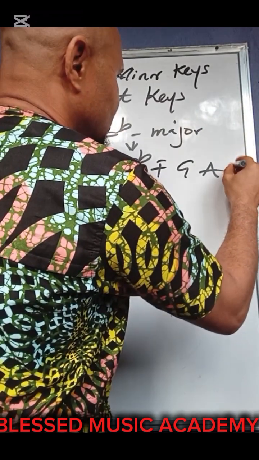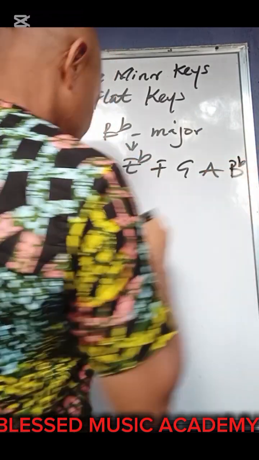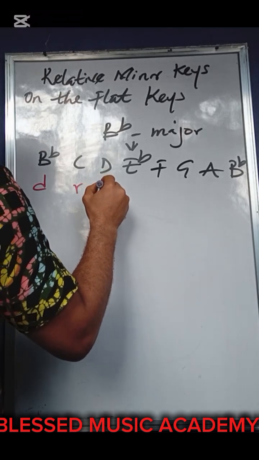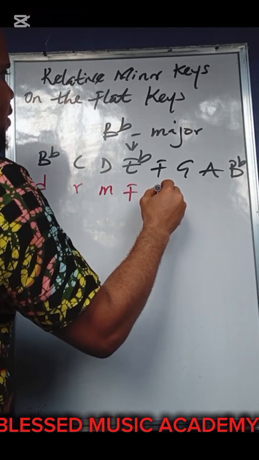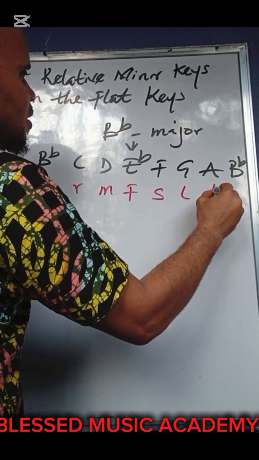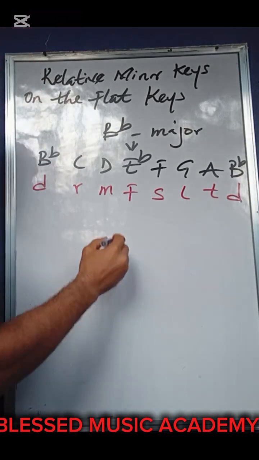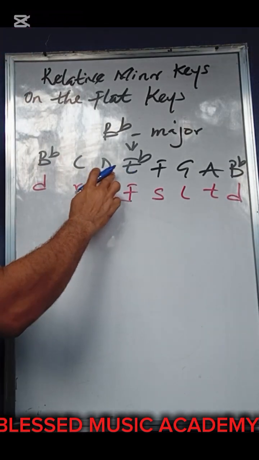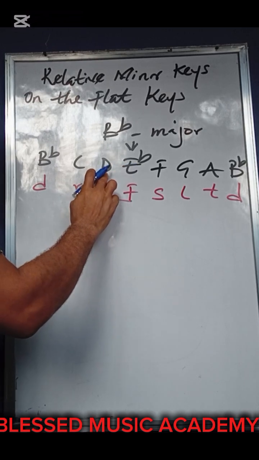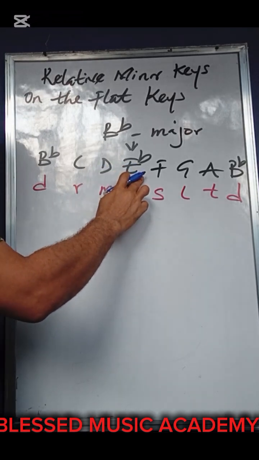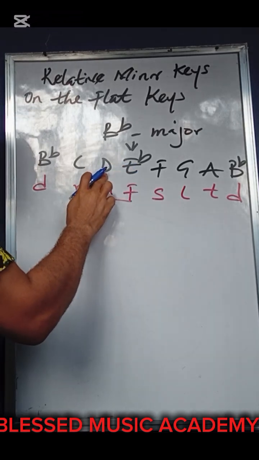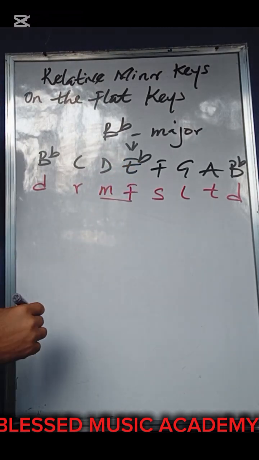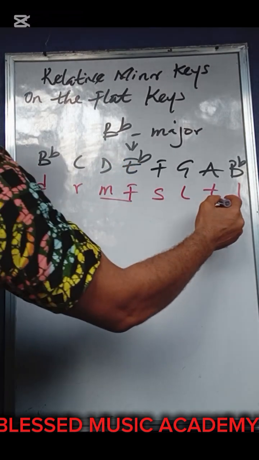Let me complete it, sorry. This is the same thing as do, re, mi, fa, sol, la, ti, do. Between mi and fa is why we have this E flat here. If you play between D and E, it is a tone, but between D and E flat is a semitone. So we have our semitone.